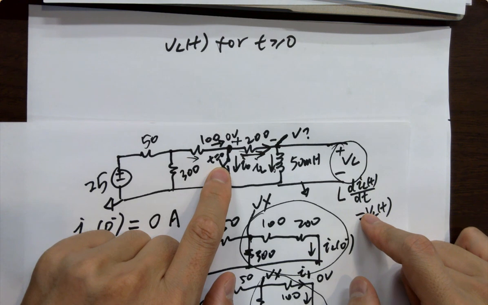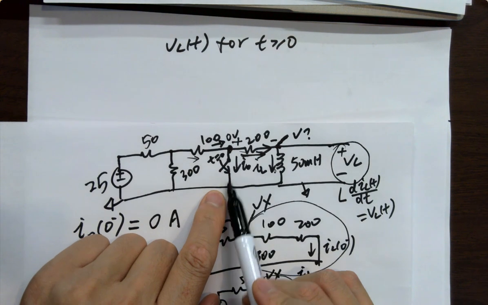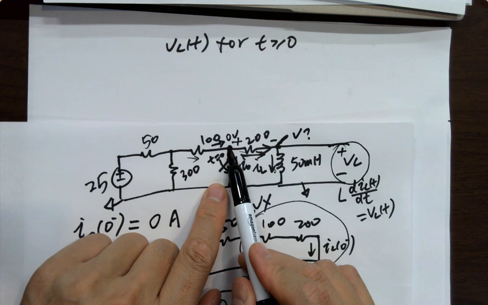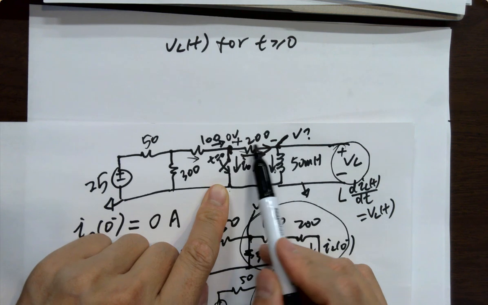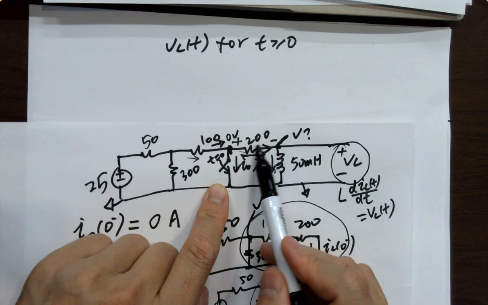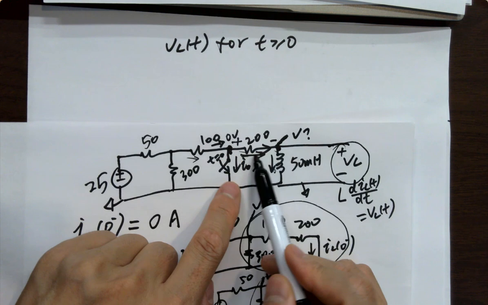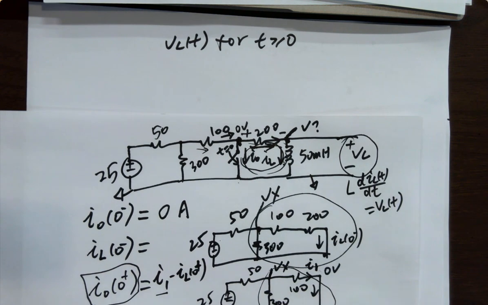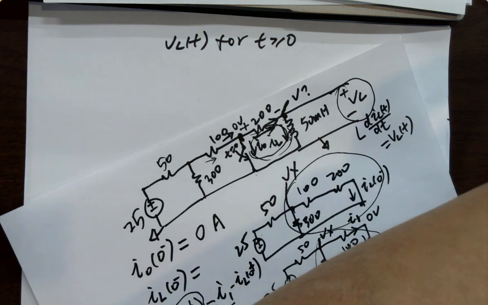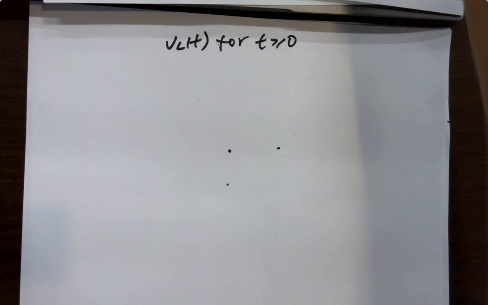Is there another way to find it? What's the voltage here? Again, 0. What's the voltage here? 0. Do you know ILt? Yes. Can you find VLt? Just times 200 ohms and put a negative sign in front of it. Okay? Because it's just looping in the circuit.